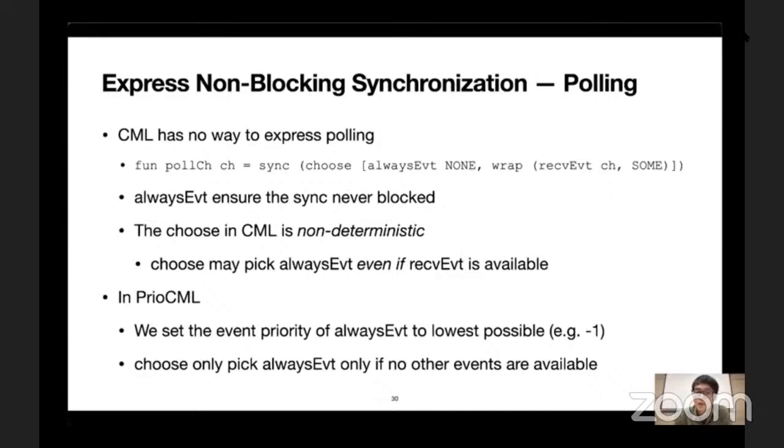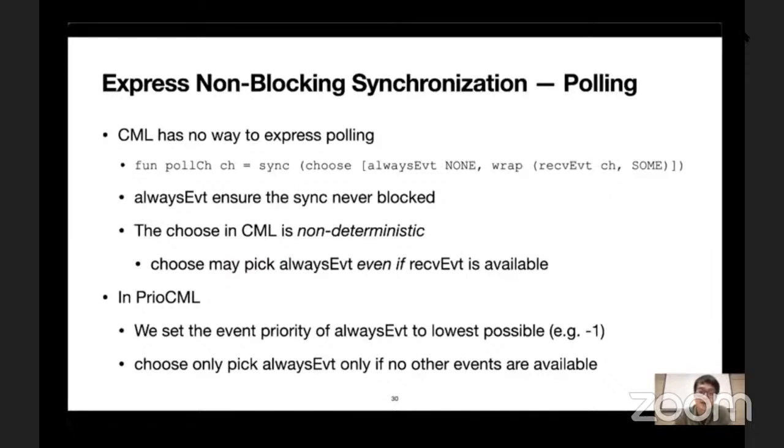As a result, CML may pick the always event even if the receive event is available. And to perfectly behave as a polling function, we should pick the receive event whenever it is available.